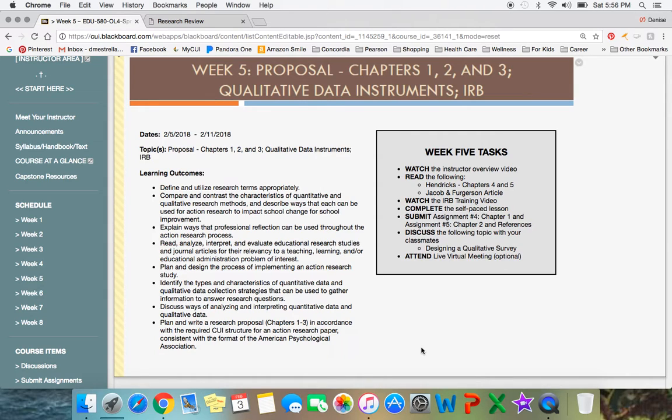So just a reminder that the capstone project at Concordia is merely an introduction to qualitative research. This week you will be reading about qualitative and quantitative methods and analysis, but our project will only be qualitative.